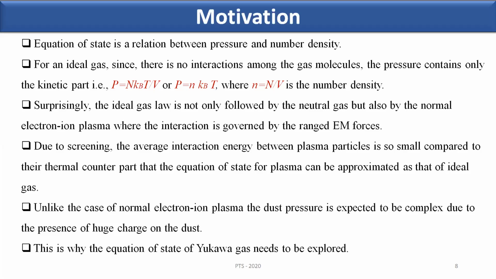However, in dusty plasmas, since the charge on the dust is much bigger, the interactions cannot be neglected and the system becomes complicated. Therefore, the pressure of the Yukawa system is expected to be different from that of the ideal gas pressure or the electron-ion plasma pressure.